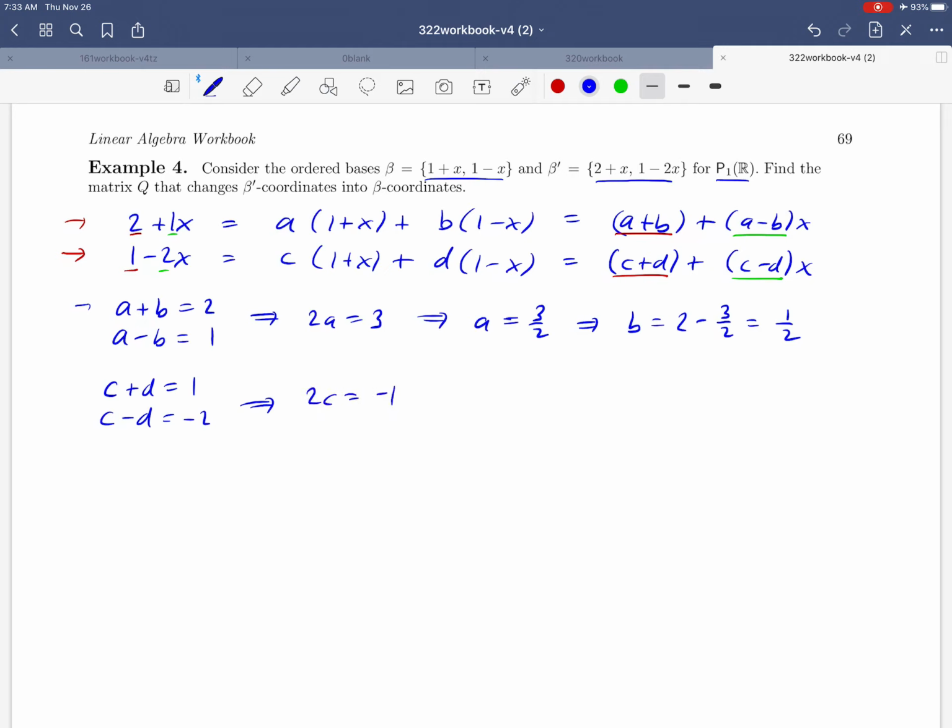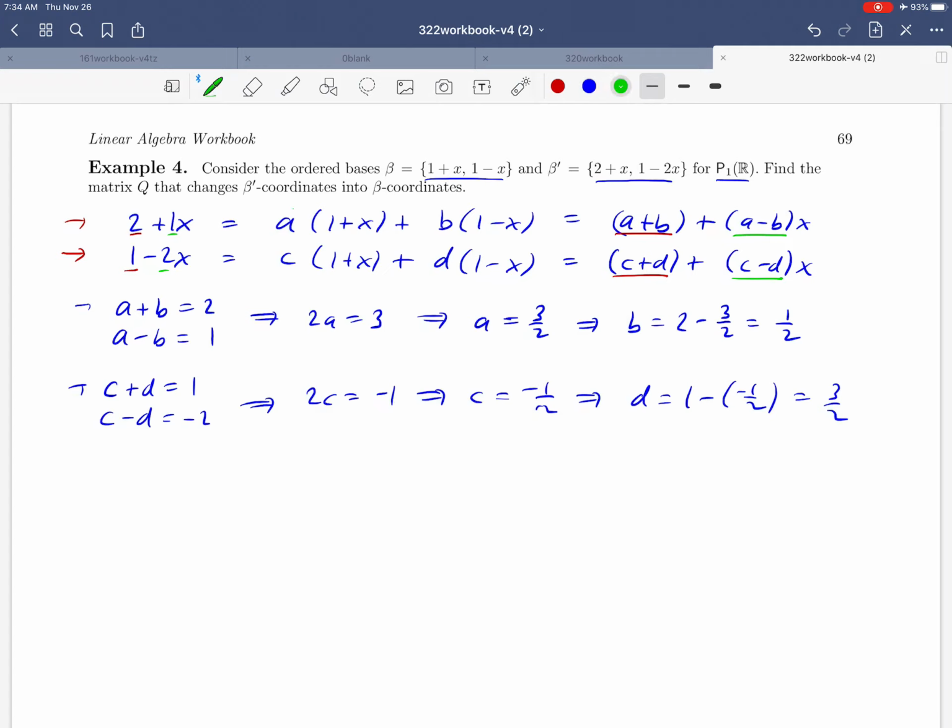So 2C = -1, which means that C is -1/2. Then looking at the first equation, D = 1 - C, which is 1 - (-1/2). That's going to give us 3/2.